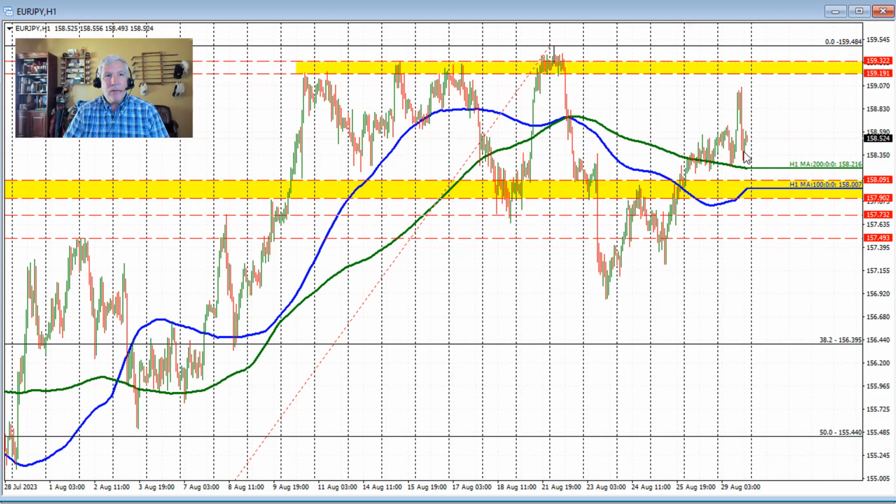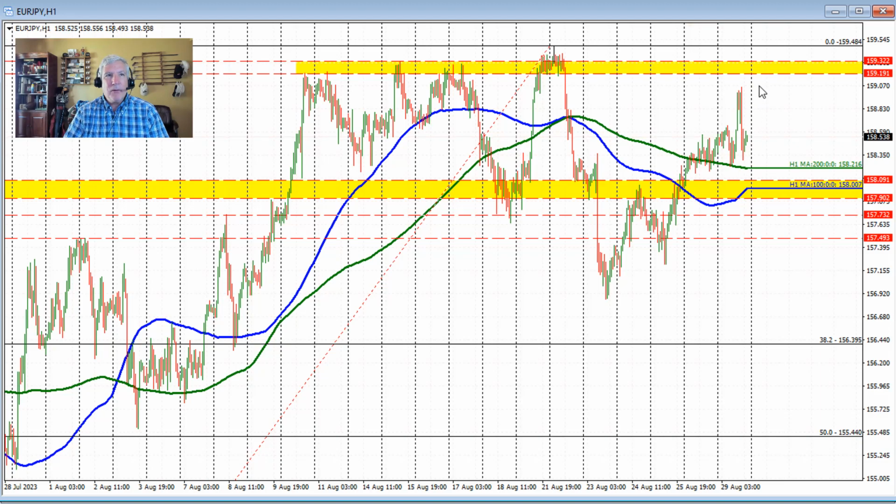But for the dip buyers, what you do want to hope for is that the price remains above the 200-hour moving average, 158.21. If it starts to move below that level, then things get progressively more bearish on the failure. Admittedly, we did it yesterday as well, but this is after the move higher.